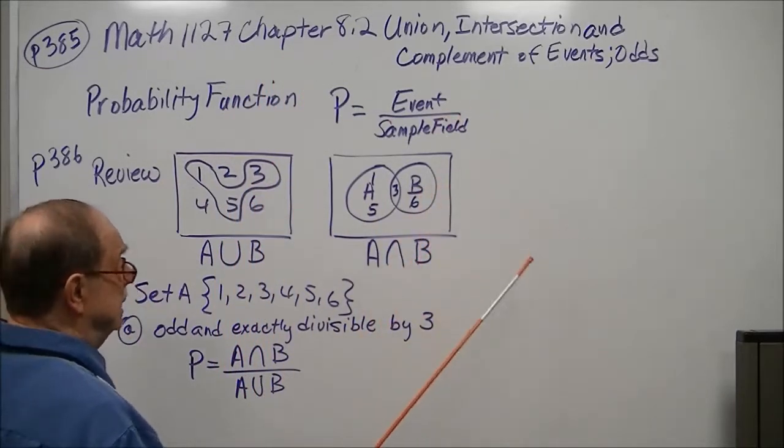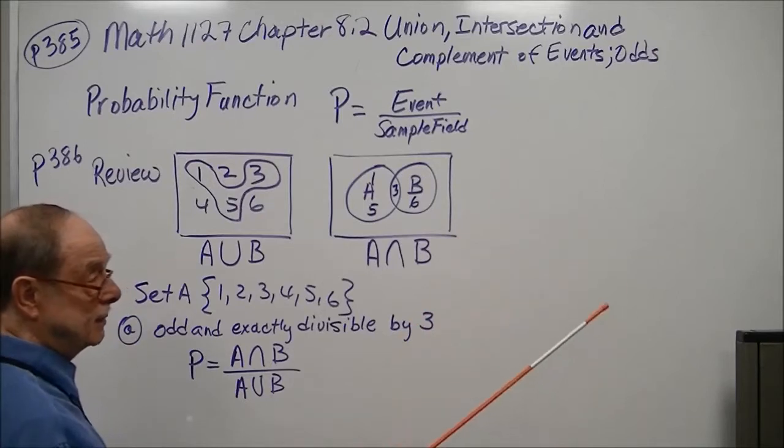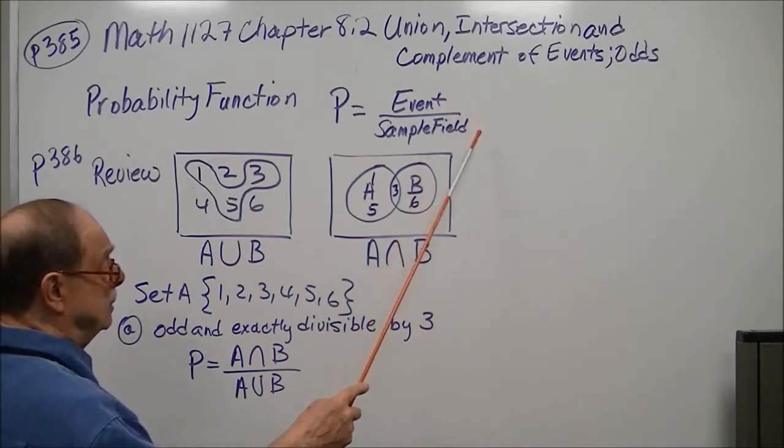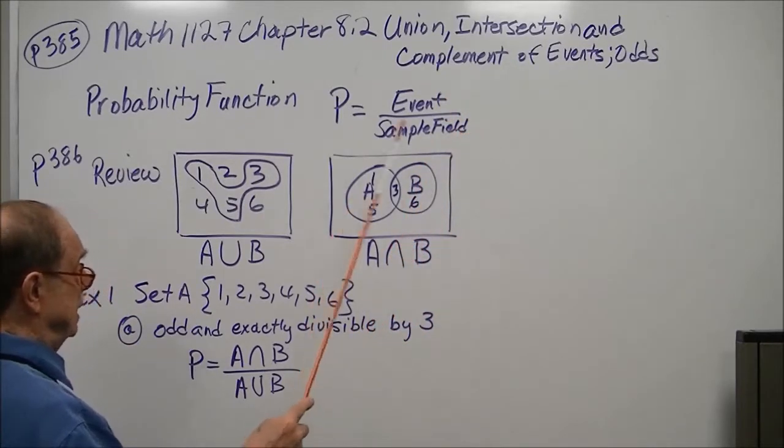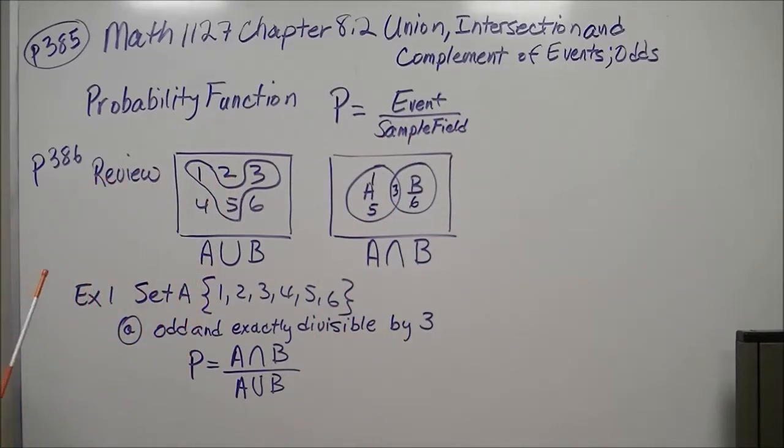There are 6 sides, so any one event would be 1 out of 6. But in example 1 on page 386, they're giving us a particular set of numbers, 1, 2, 3, 4, 5, 6. If I put that in sort of a Venn diagram, there they are.